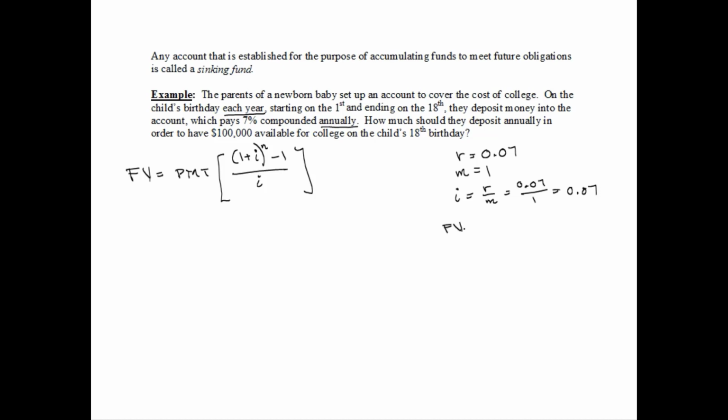My future value that I want to have is $100,000. And we want to determine the payment. So I put everything into the formula. My $100,000 goes on the left side.